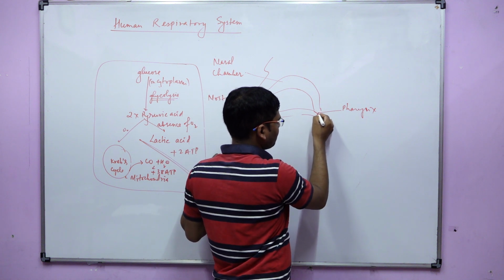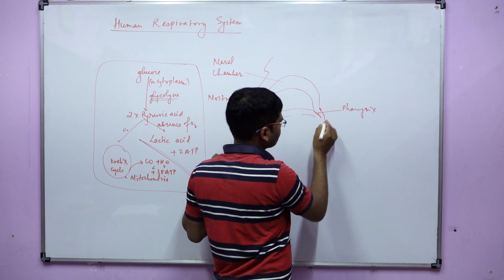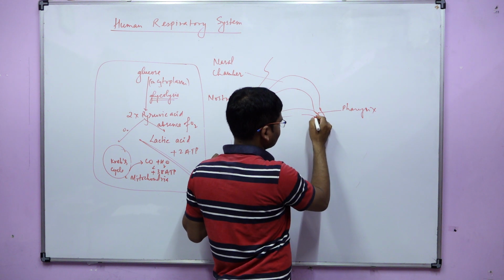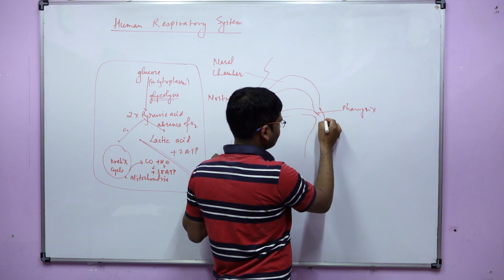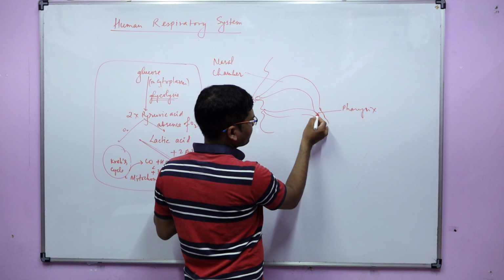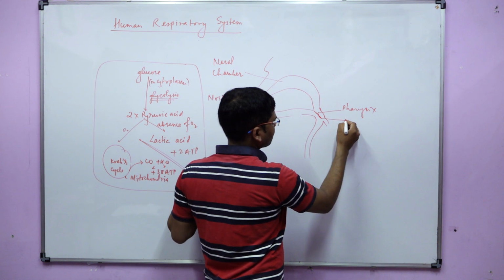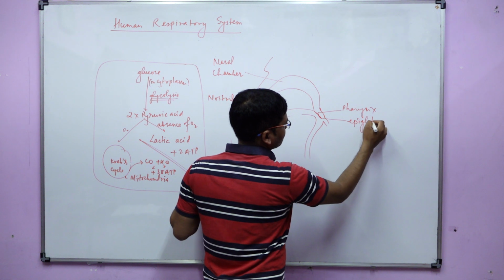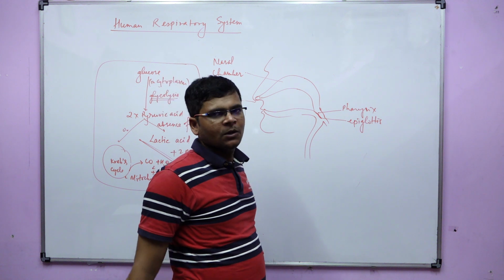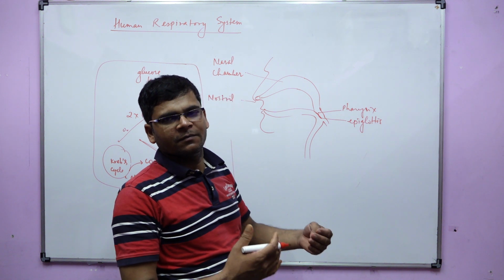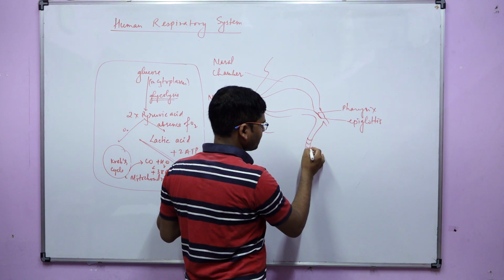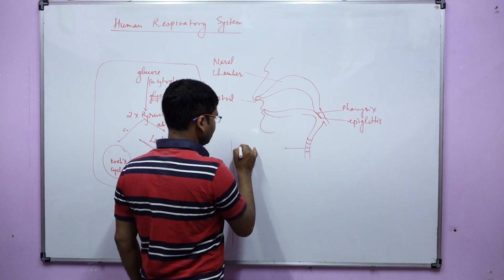Here we have an epiglottis. This flap-like structure stops the windpipe when we are swallowing food. Then the windpipe is made up of C-shaped cartilage.